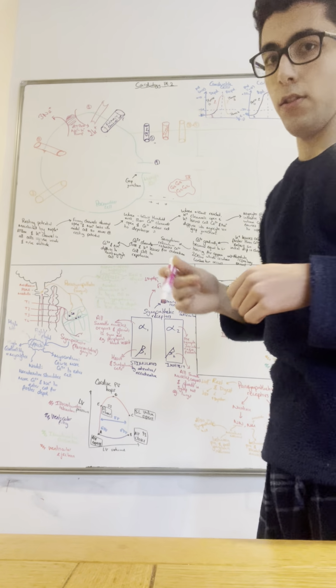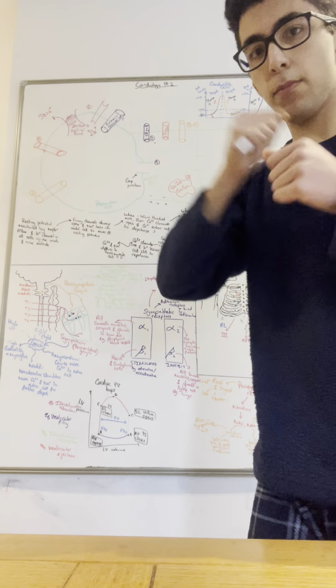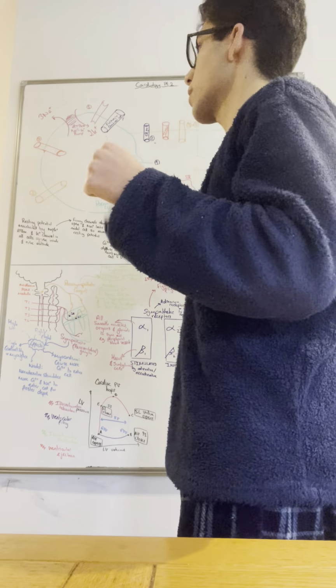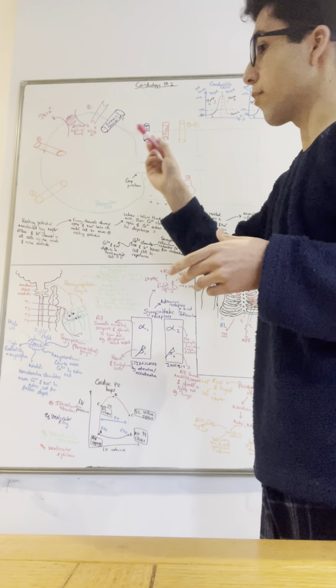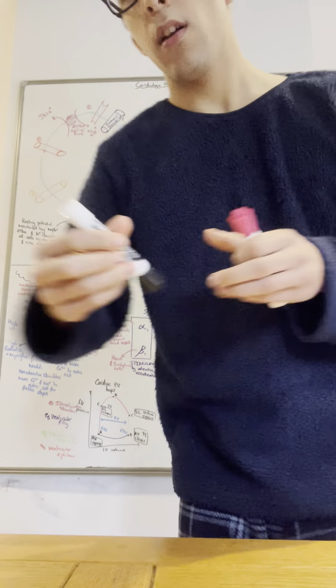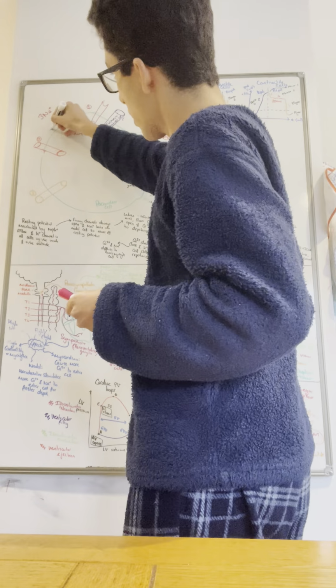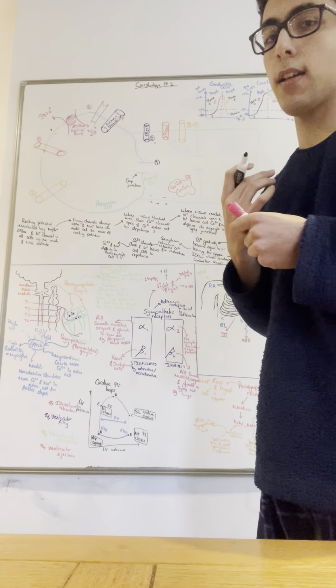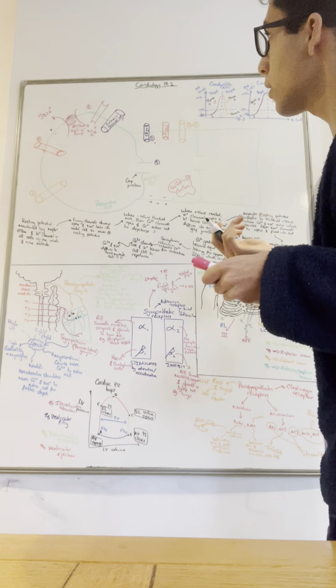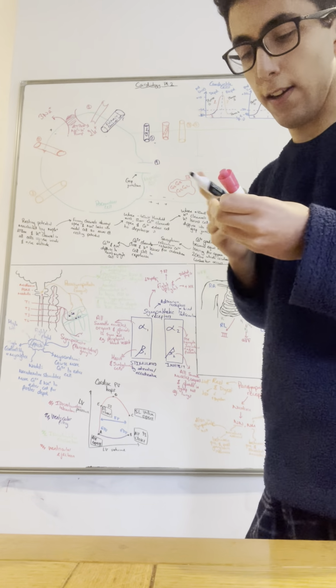They're pumping out 3 sodiums, bringing in 2 potassiums, and that's how they work. So overall, that's generally going to bring about a positive charge on the outside of the membrane, a more negative charge on the inside of the membrane. Okay, so that's generally what we're going to have.